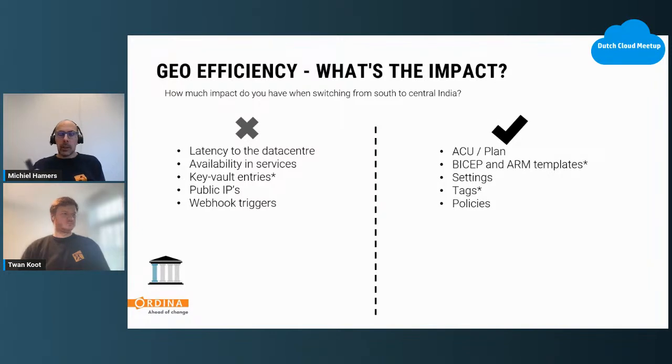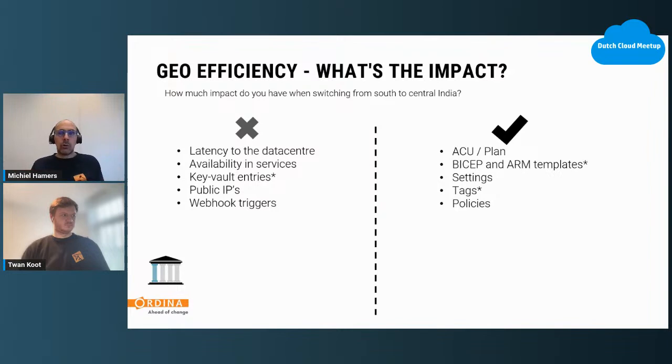Settings also. Tags can be moved over from one data center to another, general tags. However, if you're using tags also to state what kind of impact it is, or you labeled a tag that an Azure service is hosted in that data center, that's text. That text part, as a key value pair, is not transformed automatically.